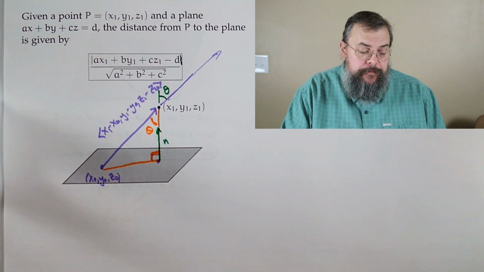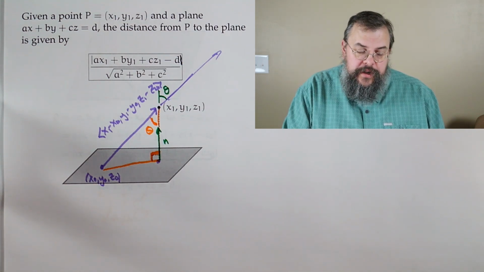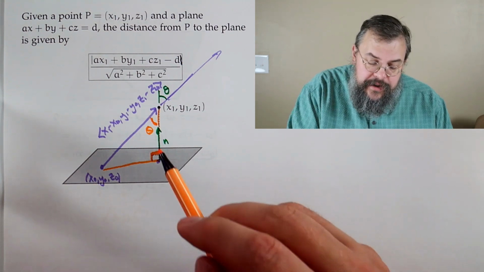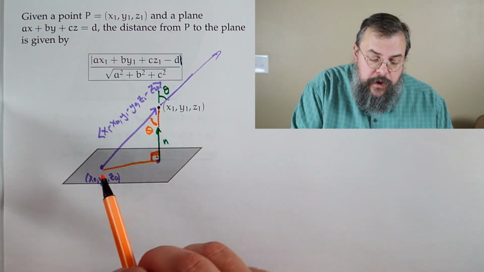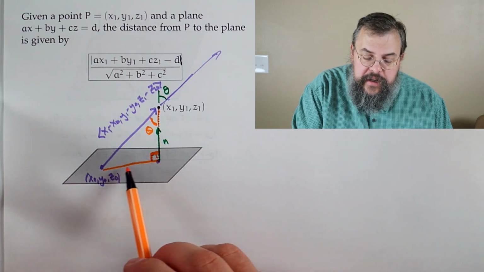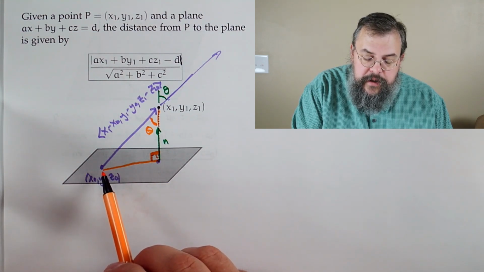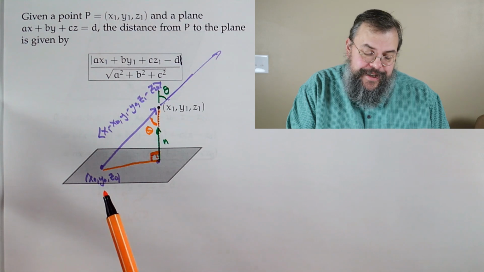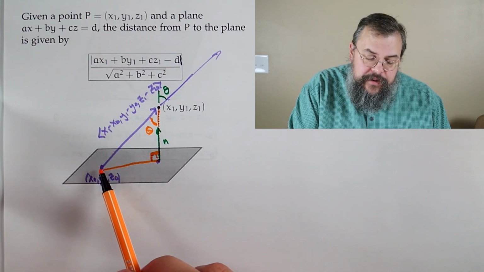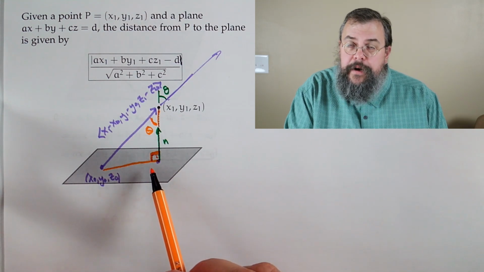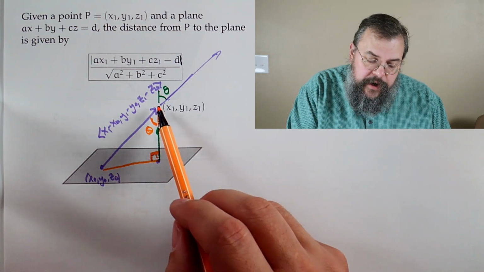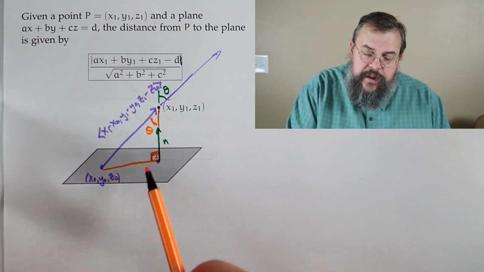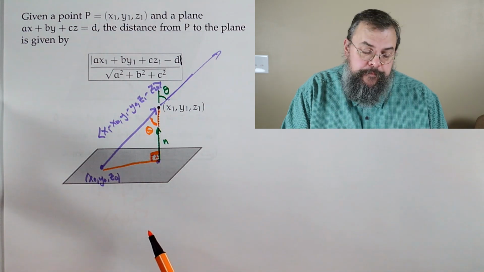And what do we want? Well, we want to know the length of the adjacent side. That's what we're after. We don't care about the length of the opposite side. That just says how far apart the point x0, y0, z0 is to this point that we're kind of interested in. But that's not what we want. We want to know how far the point is down to there, down to the plane.